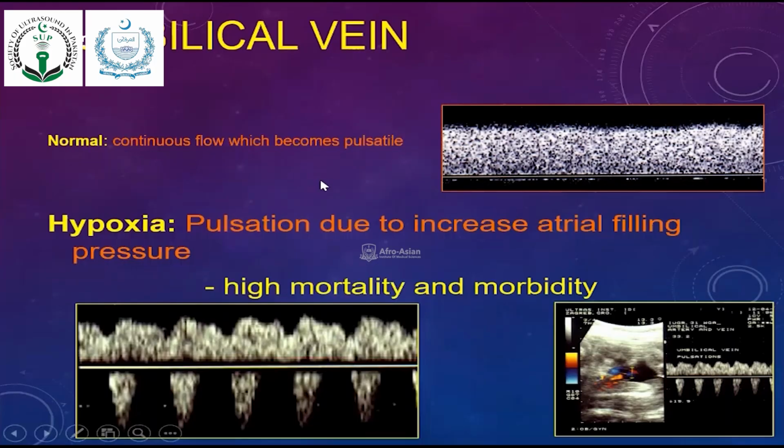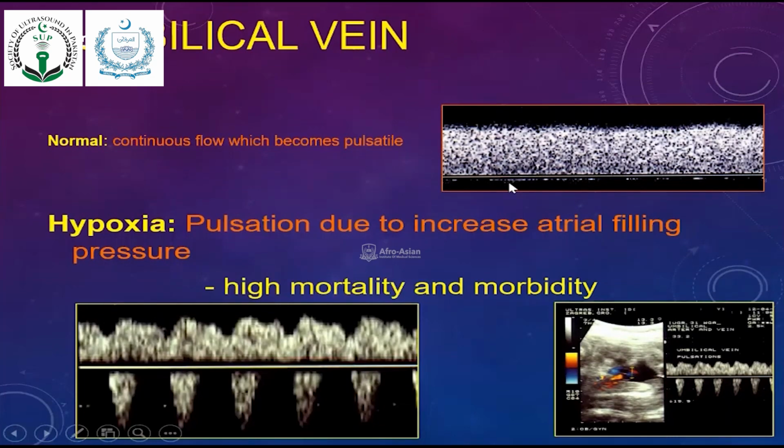This is the continuous flow. This is normal. In hypoxia, pulsation appears due to increased atrial filling pressure, with high mortality and morbidity. So this is normal. We must get a normal vein.